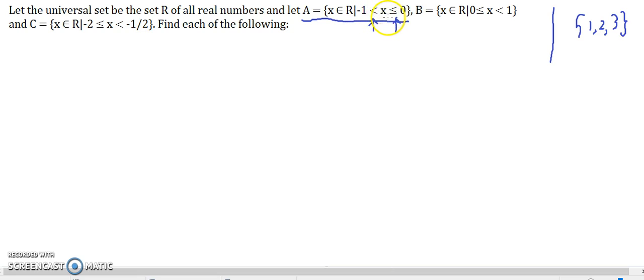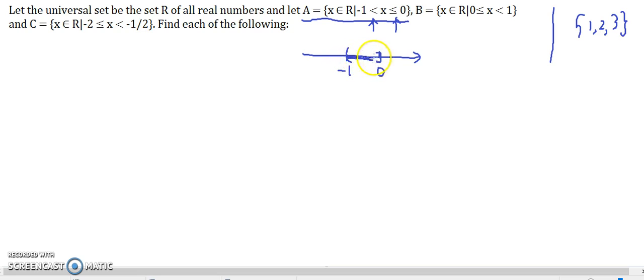If we draw a real number line to describe that, it will be the numbers between -1 and 0, including 0, but not including -1.